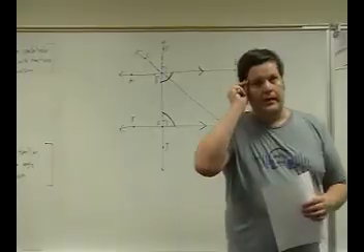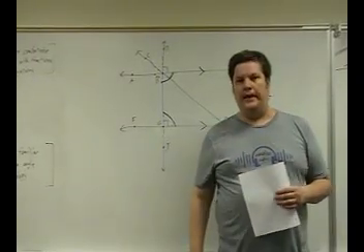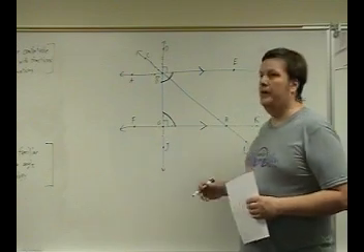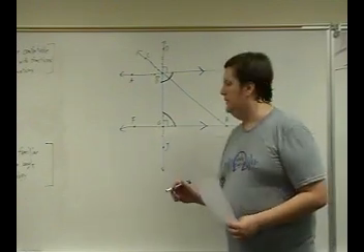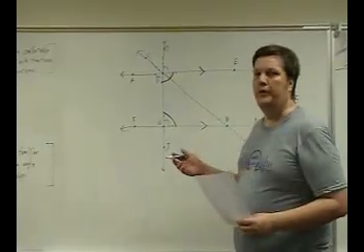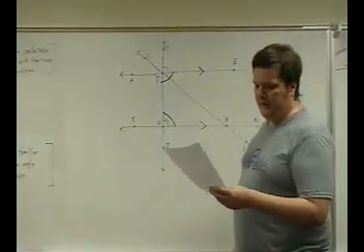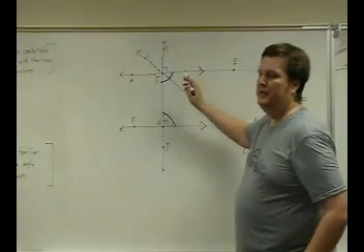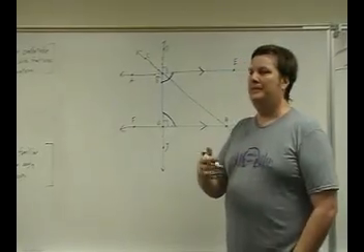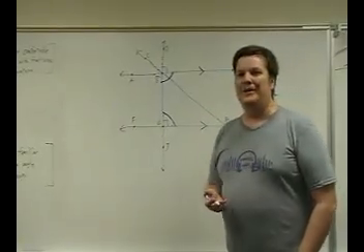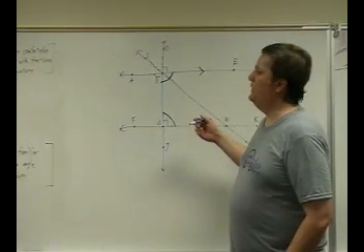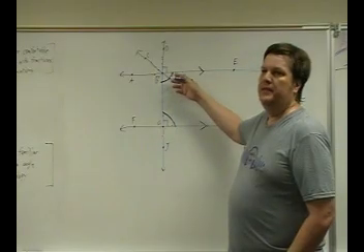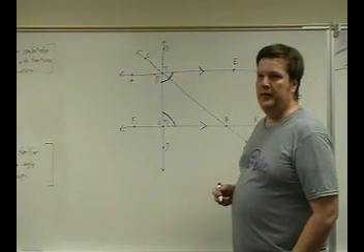Now I should have gone over the naming of angles, but consecutive interior angles are, relative to the transversal, you go one interior angle, and the consecutive interior angle is right next to it.